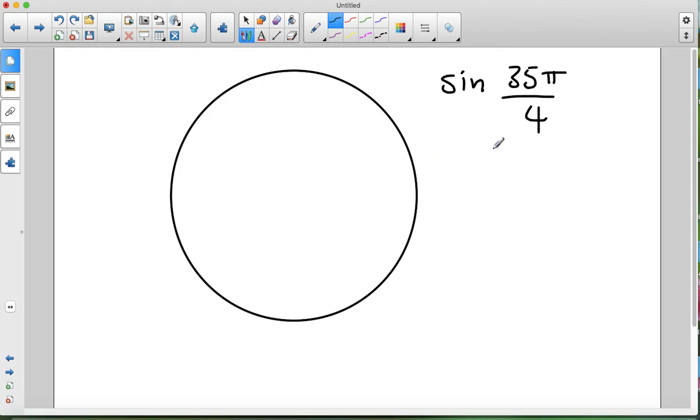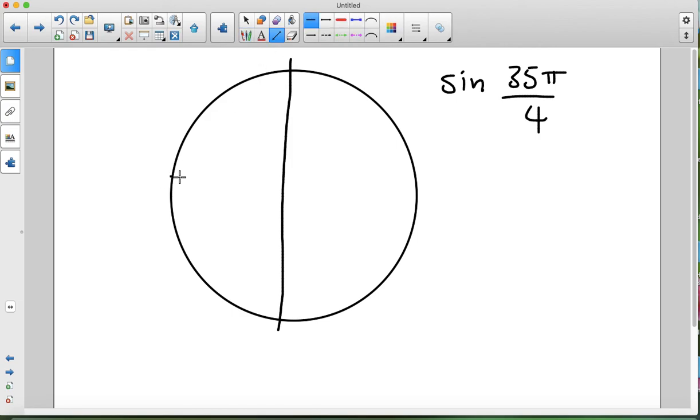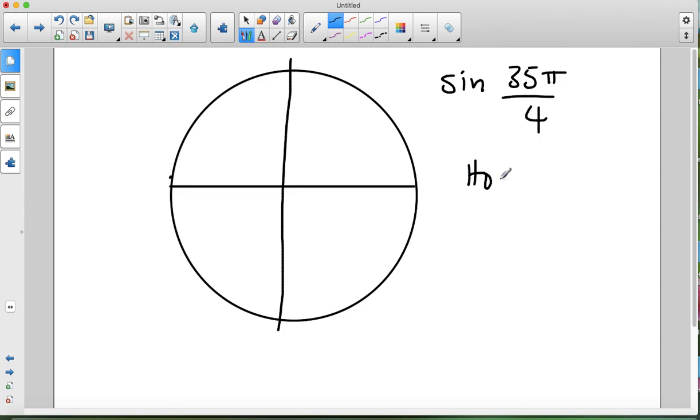First of all, we know we're talking about 4s, right? So I could sit there and divide my circle into 4 parts, just the way I did it, and start calculating the way I was doing before. Very time consuming. What you could do instead is say, well, how many times does 4 go into 35?